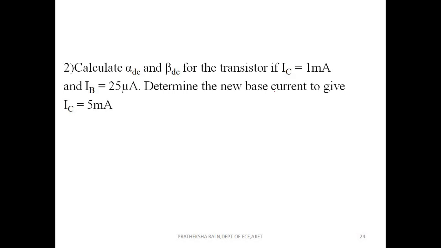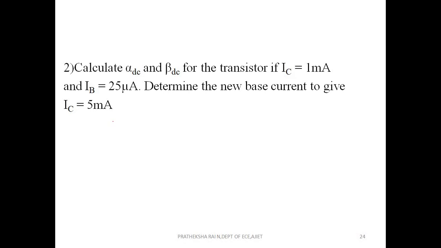Calculate alpha DC and beta DC for the transistor if IC is equal to 1 milliampere and IB is equal to 25 microampere. Determine a new base current to give IC is equal to 5 milliampere. So you have two conditions here. One is IC is 1 milliampere and one more is IC is 5 milliampere.